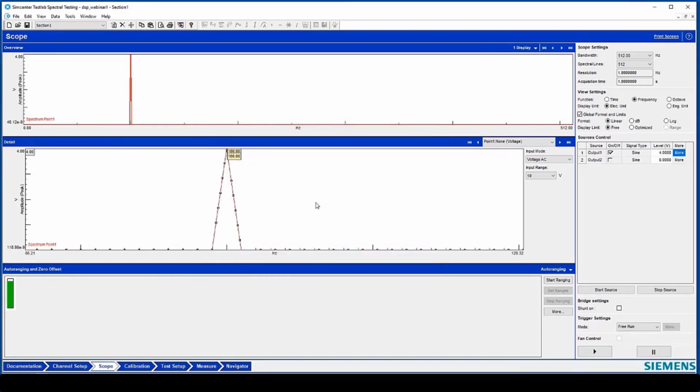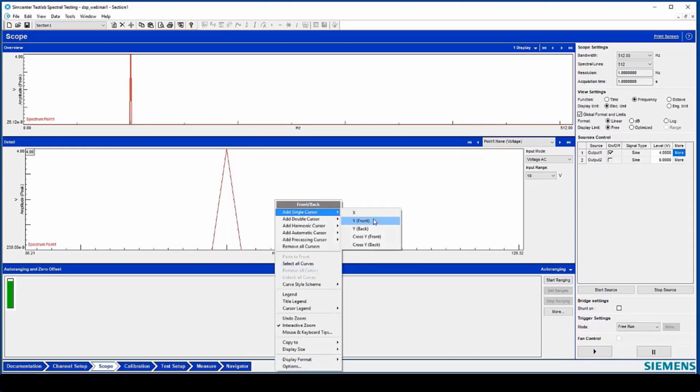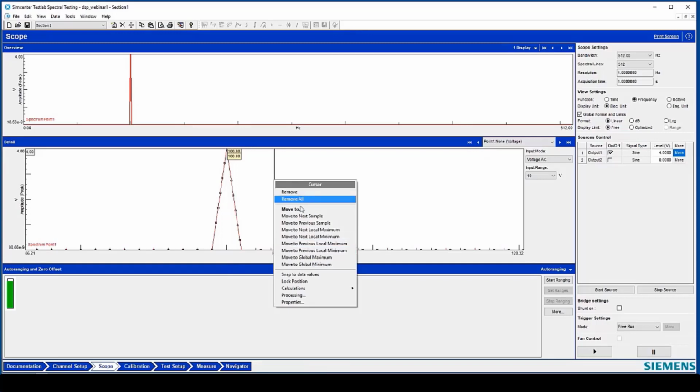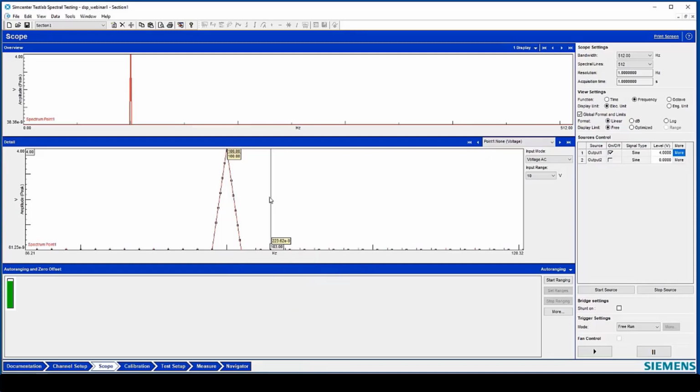I'm going to zoom in. So I got 100 hertz, 4 volts. But what's kind of weird is if you look at this, you can see the next data point over doesn't go right down here. If I put a cursor on and right click on the cursor and say snap to data values, so it doesn't float in between, you can see at 100 I'm at 4 volts.